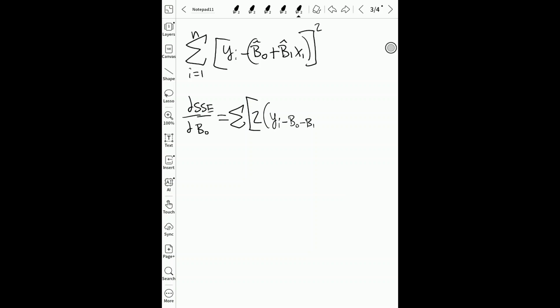Forgive me if I leave out the hat marker. I've distributed the negative here as well. And then, again, chain rule.